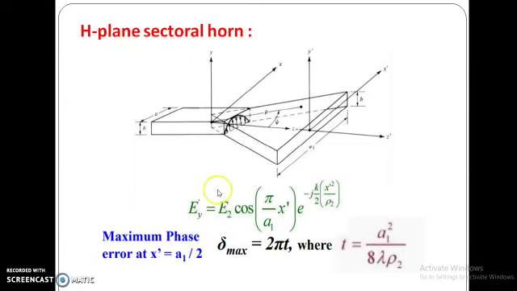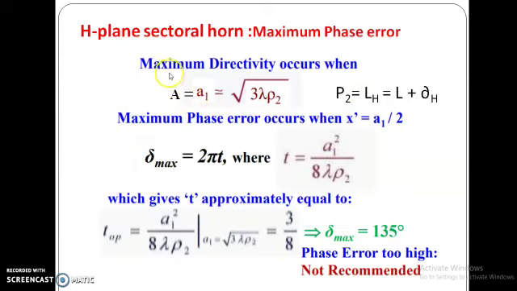This is the sectoral horn antenna shown here. This is the formula, and if you take x equal to 1 by 2, once again you have the maximum field here. This is the A dimension, capital A, or A1. This is B, same as this, or capital B. Here the maximum directivity for the H sectoral horn is A1, or capital A, under root of 3 lambda rho 2.